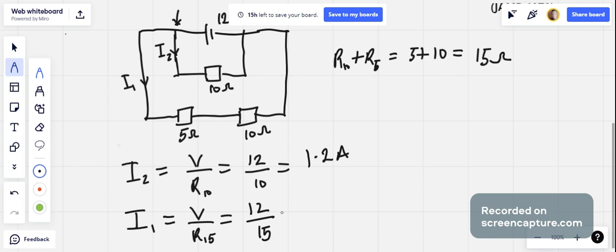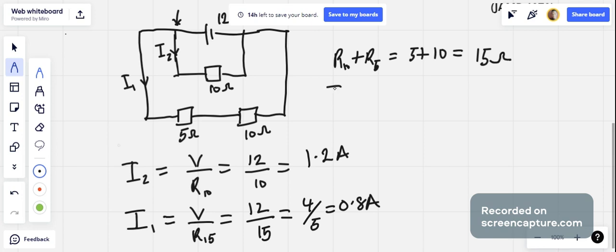Are we there? 12 divided by 15, which is the same thing as 4 over 5, which is 0.8 amps. So I1 is what? 0.8 amps. It is 0.8 amps that flows through 5 ohms and 10 ohms, and then it is 1.2 amps that flows through the 10 ohms here.